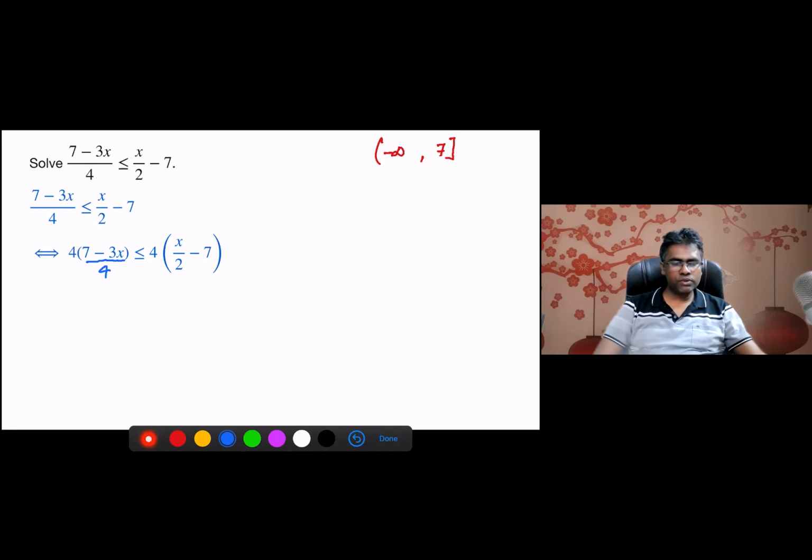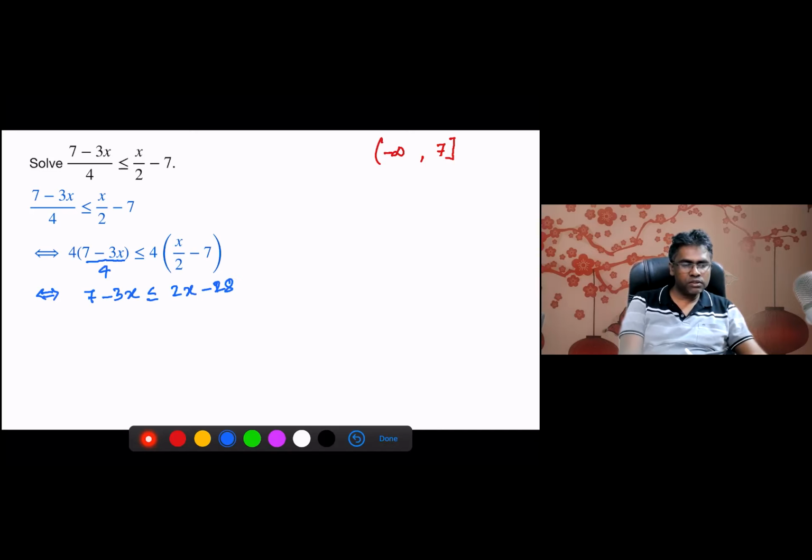Then you could be correct, my answer will be wrong. So I should not push forward; I should solve it here. What will happen here? This 4 disappears, so we have 7 minus 3x less than or equal to, and 4 gets inside, that is 2x, and then minus 28.